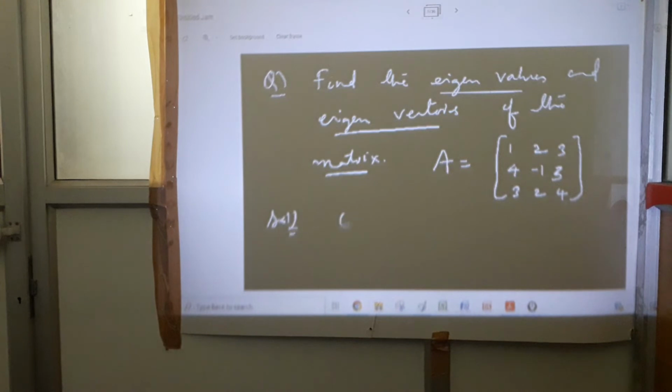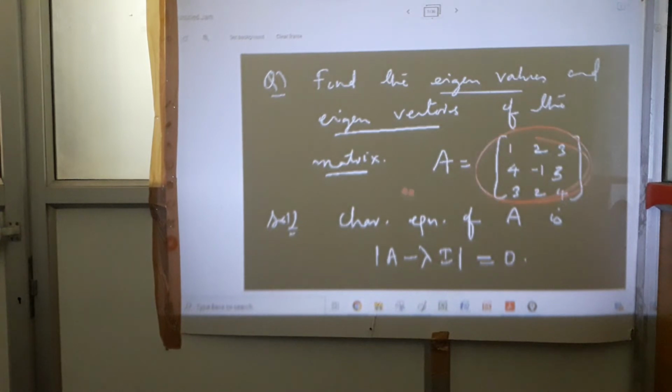the solution is: the characteristic equation of this A is det of A minus lambda I equal to 0. What is A? A is this matrix. So what is lambda I? I will be 1 0 0, 0 1 0.